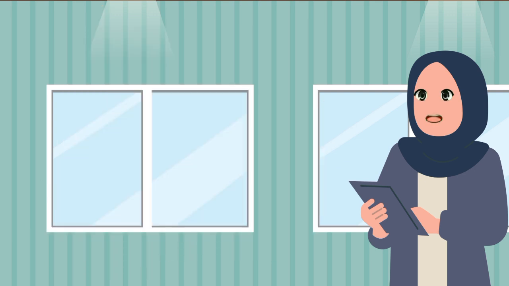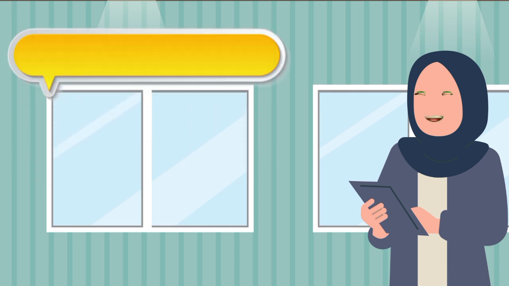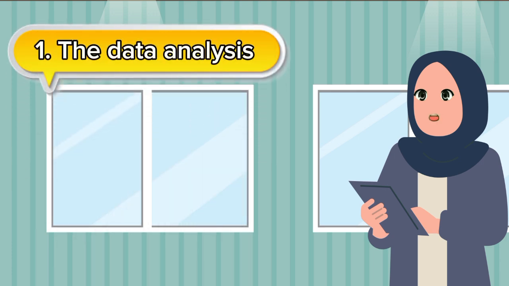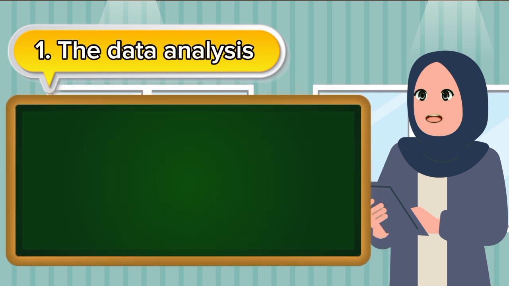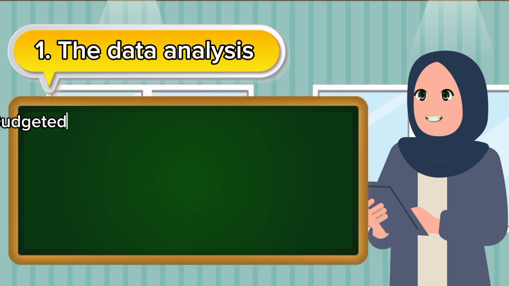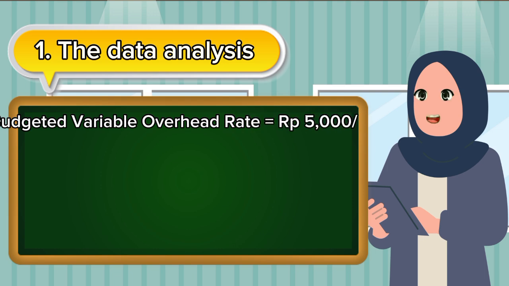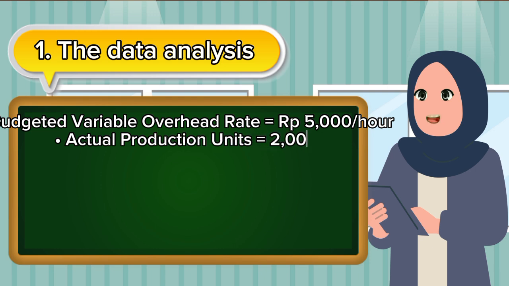To calculate, the first step is data analysis, and the data we get from the question. The first data is budget variable overhead rate is 5,000 per hour, and actual production units is 2,000.